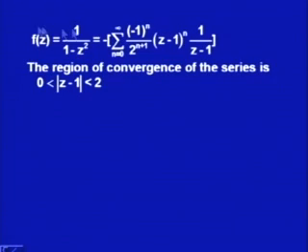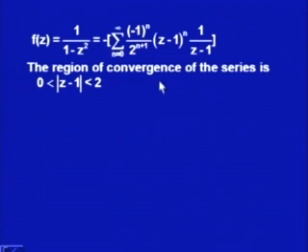And this gives me the f(z) representation of 1 upon 1 minus z square as minus summation n equal to 0 to infinity, minus 1 raised to power n, 2 raised to power n plus 1 in the denominator, and (z minus 1) raised to power n multiplied by 1 upon z minus 1. So, this is in powers of z minus 1.